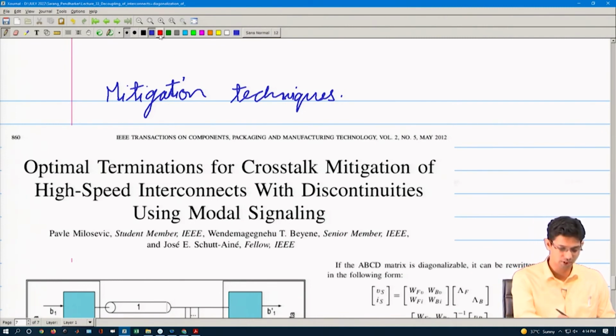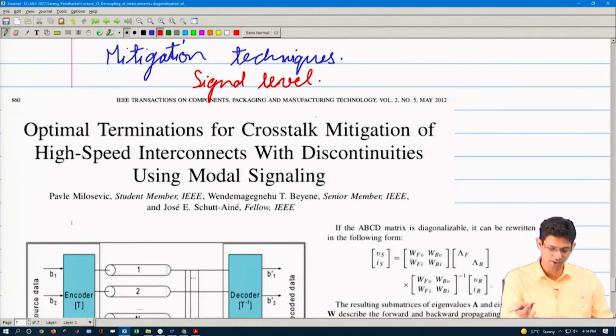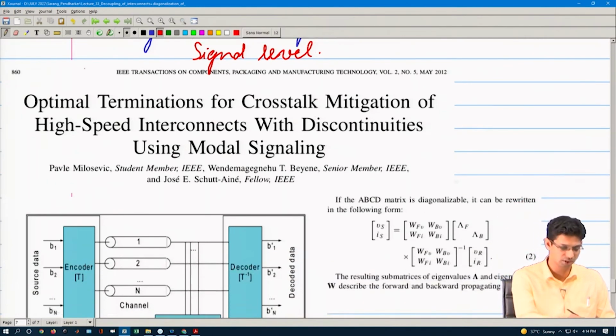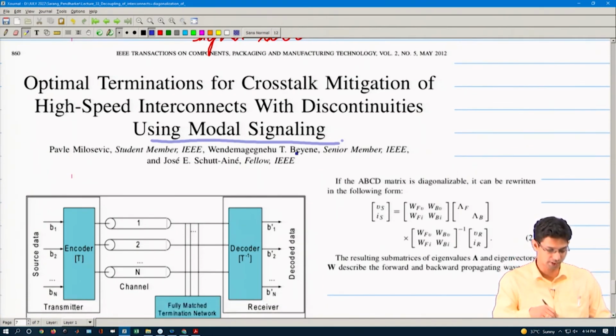So, there was this technique of signal level mitigation. In that, towards the end I had shown you this reference. The title was optimal terminations for crosstalk mitigation of high speed interconnects with discontinuities using modal signaling. So, what do we mean by modal signaling? Now, we are in a position to understand that.